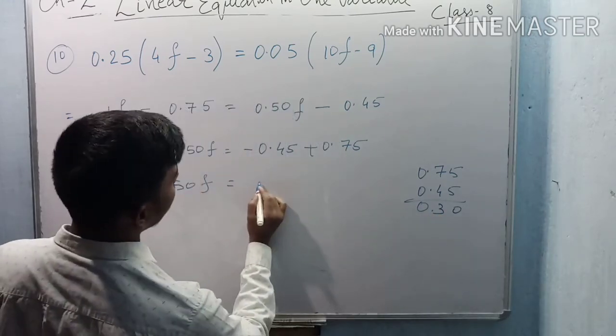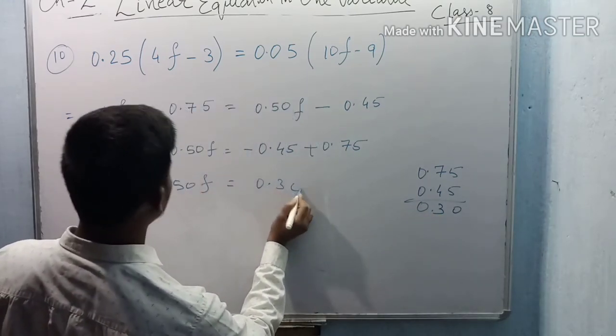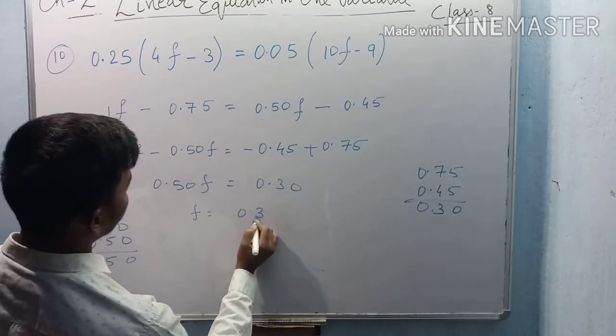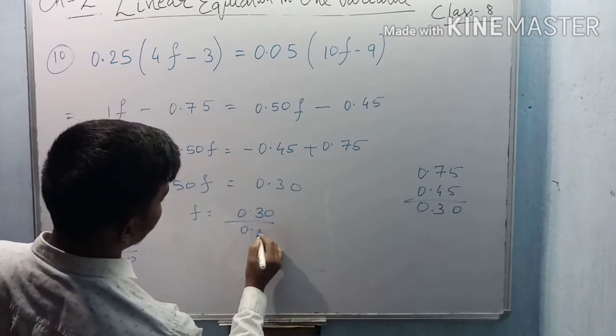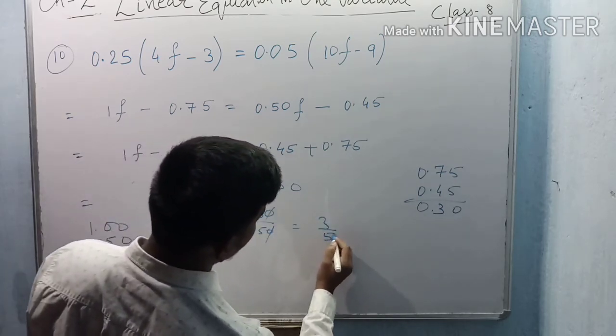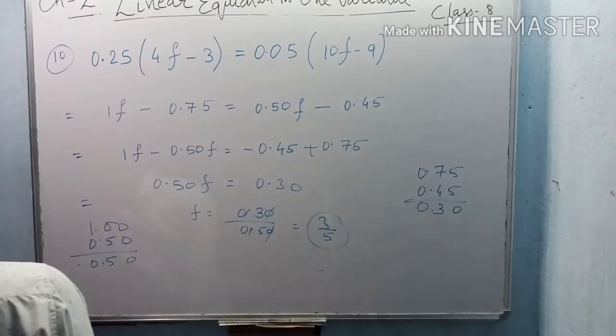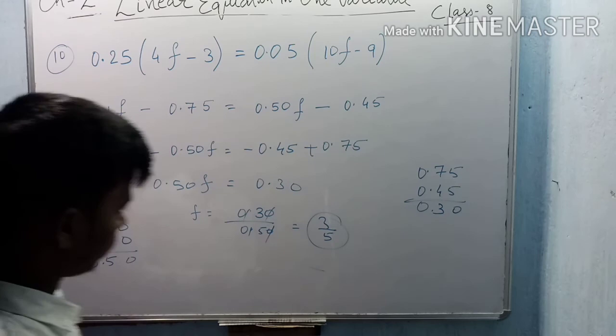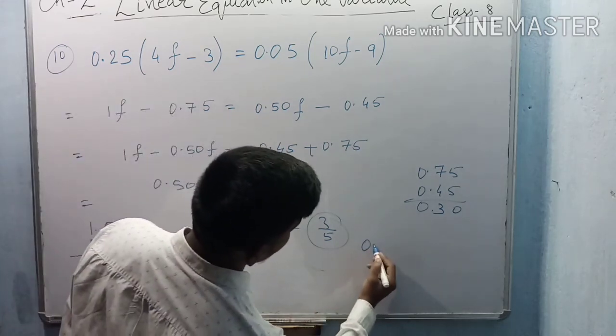It will equal 0.30. Okay, so f will be equal to 0.30 by 0.50. Point cancel out, zero zero cancel out, therefore 3 by 5 is the answer. Or it will be equal to 0.6.